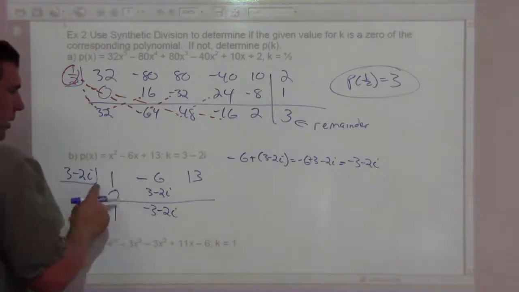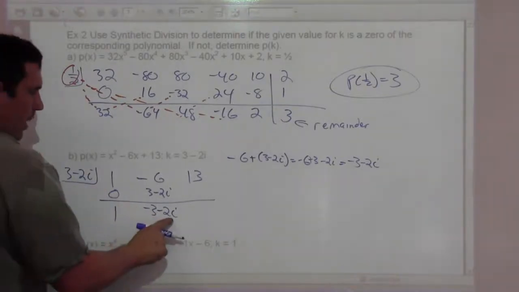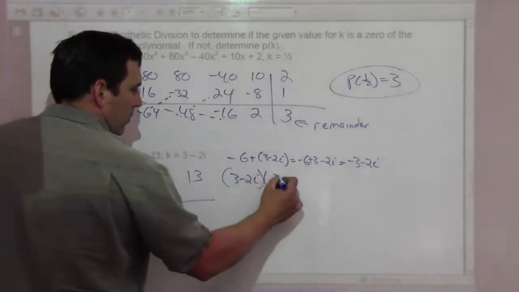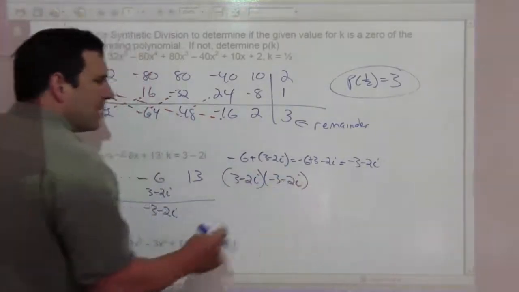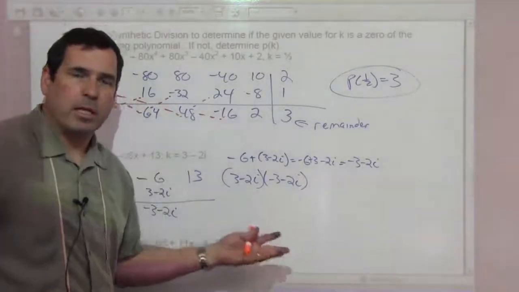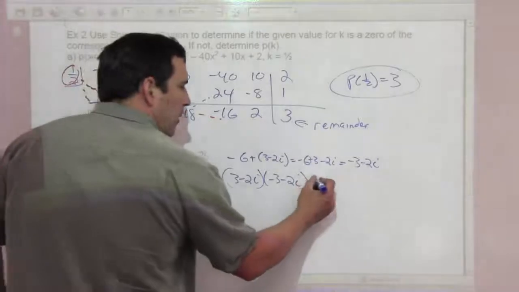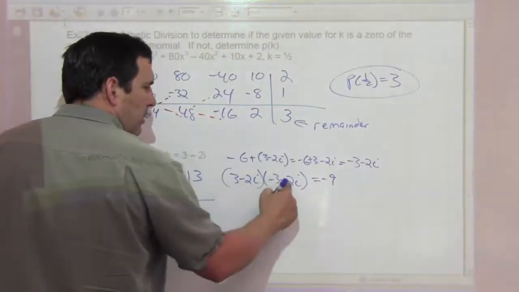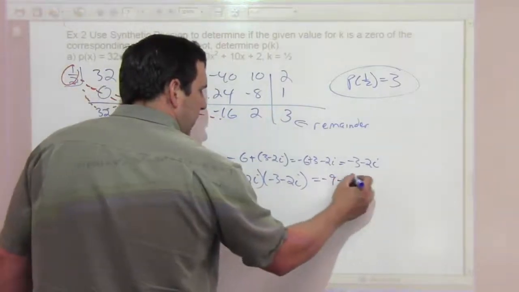Now we're going to be multiplying 3 minus 2i times negative 3 minus 2i. You might see, oh, I can factor out the negative 1 and it's an a plus b, a minus b. In case you don't, we can always FOIL this out. 3 times negative 3 is negative 9. 3 times negative 2i is minus 6i.